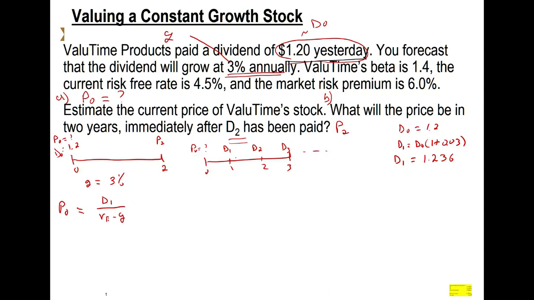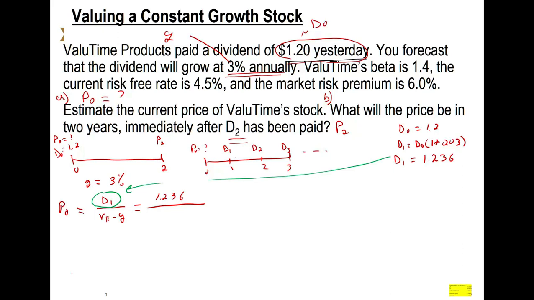So we have the numerator portion of what we need. Now, let's go on. What else do we need? 1.236 divided by, what else do we need? R sub E. What is the return that we require from this investment?